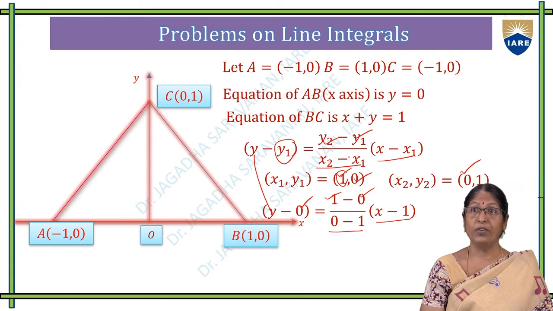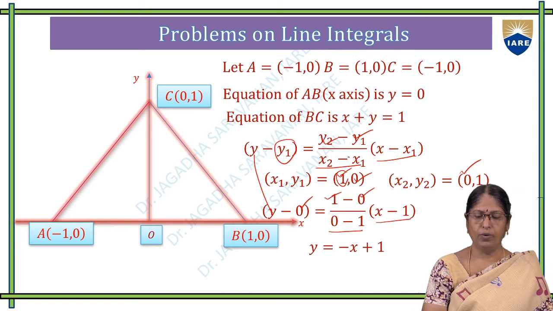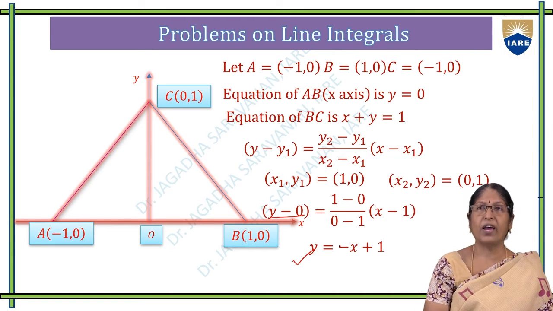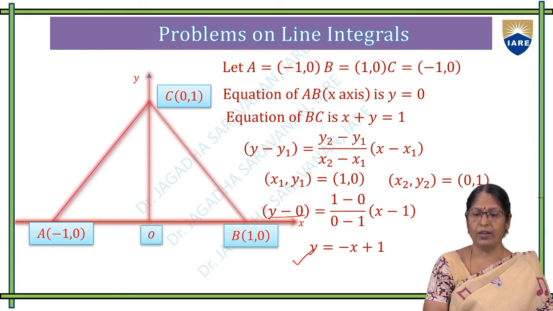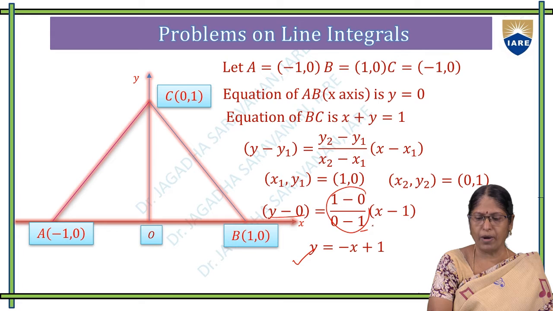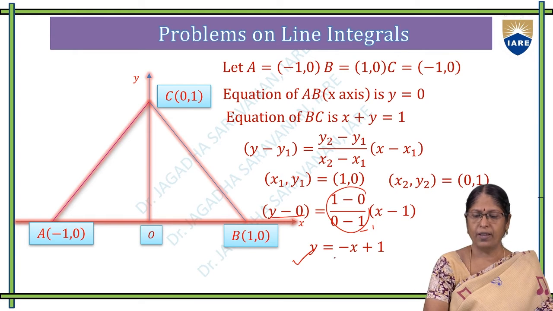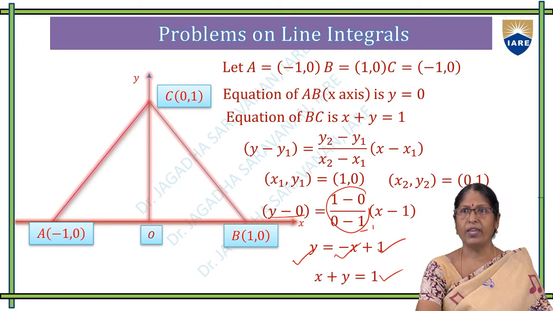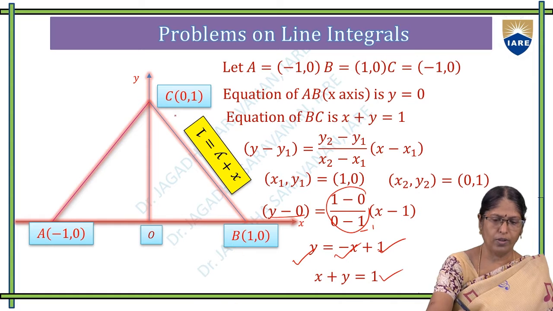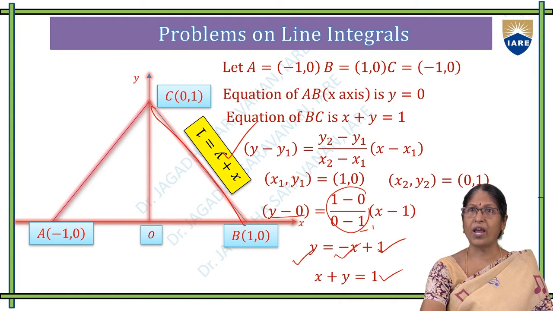Now on the left hand side we obtained y. What about the right hand side? 1 divided by minus 1, so put together we got minus 1, minus 1 into x minus 1, minus times minus is plus. And we brought the minus x towards the left side. We obtained x plus y equal to 1. So the equation we obtained is x plus y equal to 1.